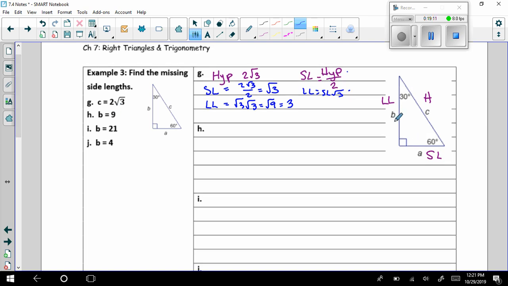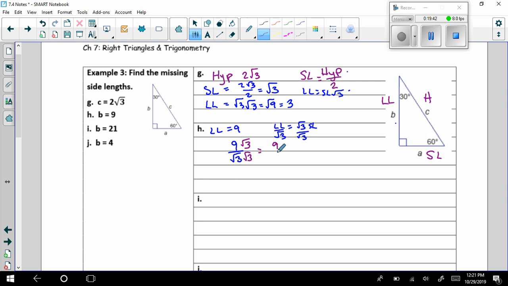Okay, then if you're given B, then you're given the long leg. So here we have the long leg is equal to 9. Well, the long leg is square root 3 times the short leg, so I need to divide by square root 3 on both sides. So I take 9 divided by the square root of 3, which means I need to multiply by square root of 3 on top and bottom.